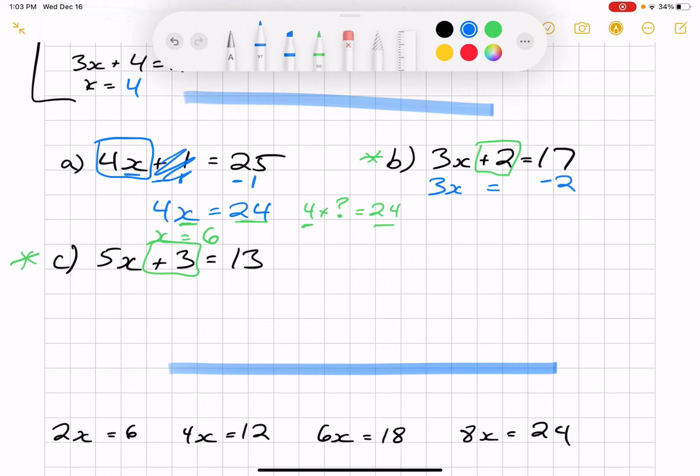So that is going to be 15. And then I can ask myself what times x is going to give me 15, and that is 5. Same here. I'm going to get rid of that 3 first, so I'm going to subtract that 3, and that's going to give me 10. And then I have 5x, and I say what times 5 is going to give me 10, and that is 2.